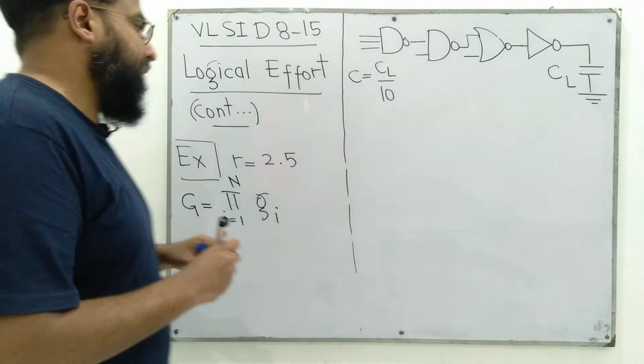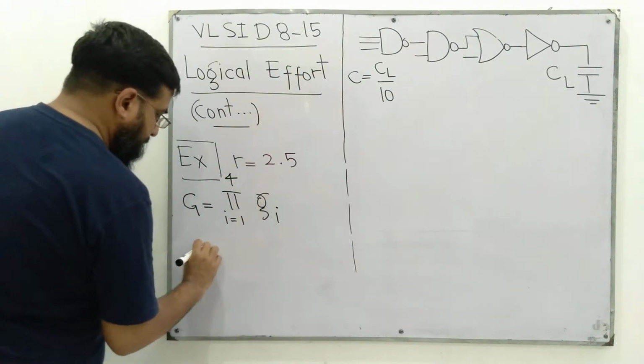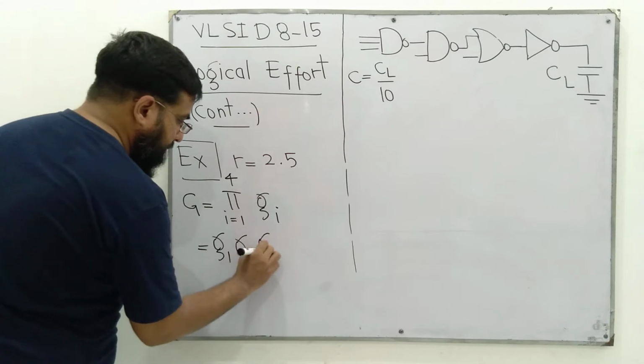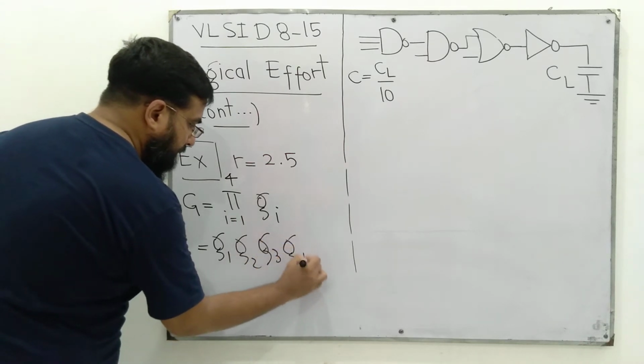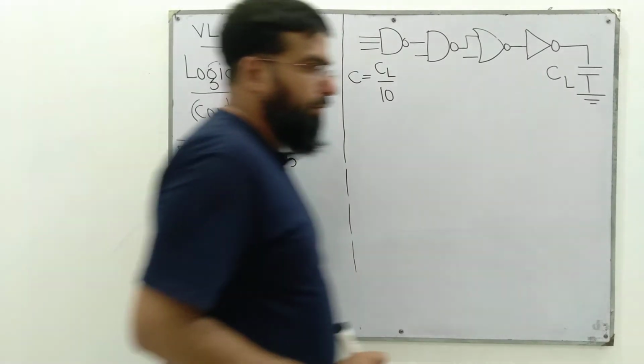Here in this chain we have 4 gates, so it would be G1 times G2 times G3 times G4. So what is the logical effort for the first gate?